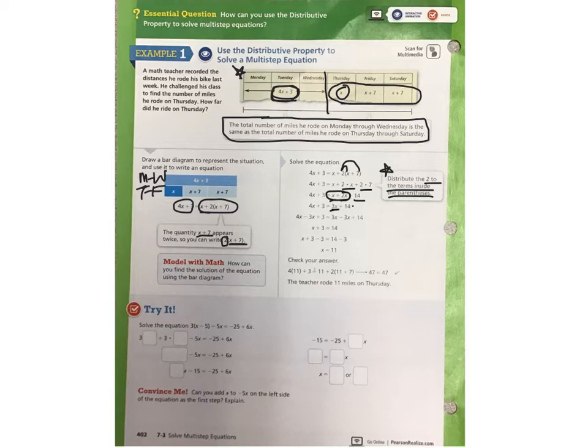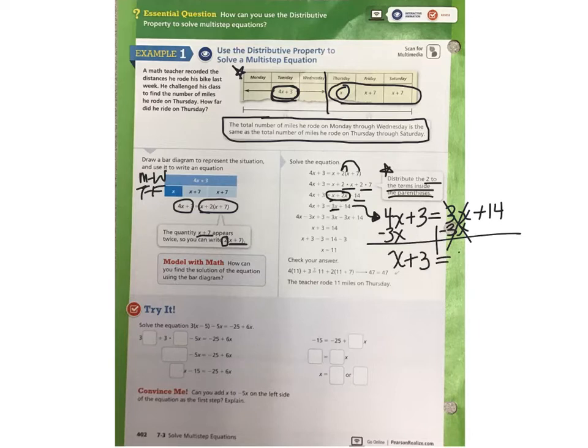Now you're going to solve this equation just like we did in the previous lessons where we had variables on both sides. So 4x plus 3 equals 3x plus 14. Now they have elected to take away 3x from both sides. That leaves us with 1x plus 3 on the left and 14 on the right. Then we subtract the 3 from both sides, and x must be 11.